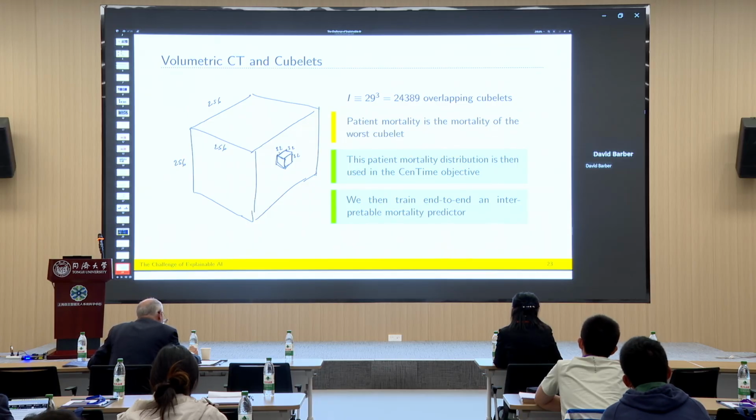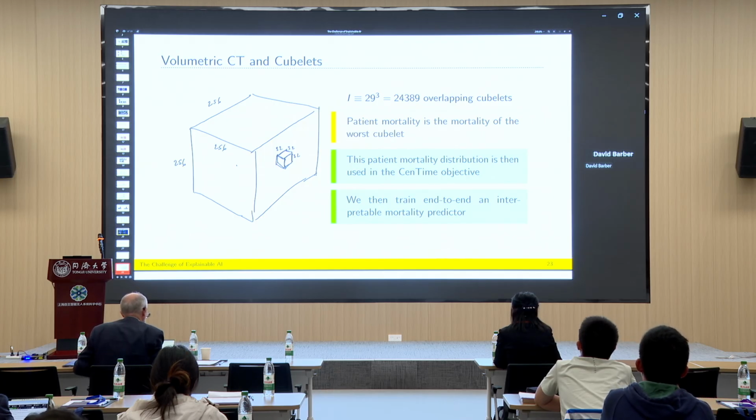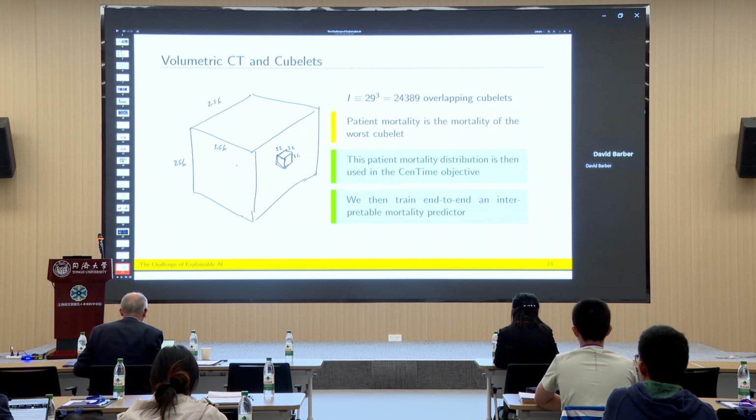Then of all of these 25,000 cubelets, we take the worst cubelet, the one which predicts the lowest number of months for survival, and that becomes the overall patient mortality. This is then used in the Centime objective function to train an end-to-end deep neural network predictor.